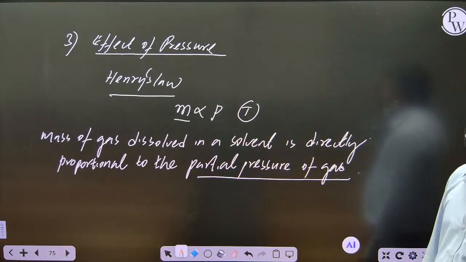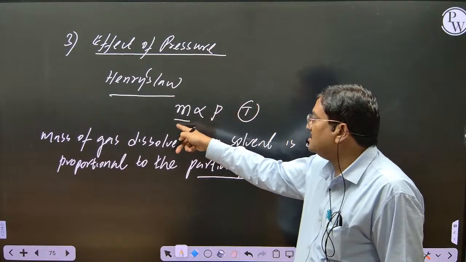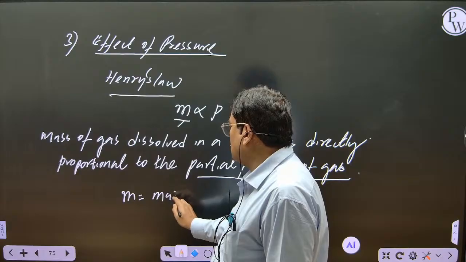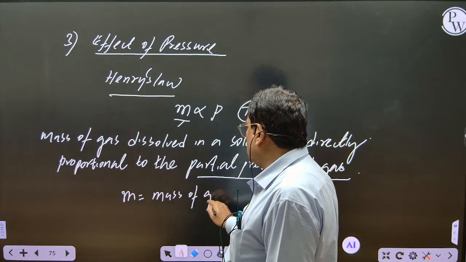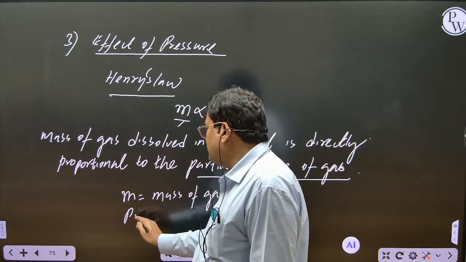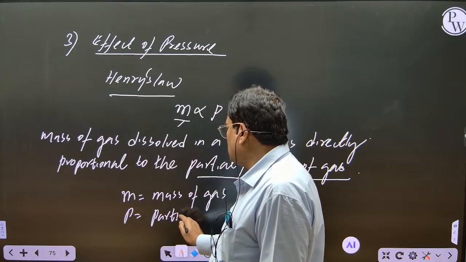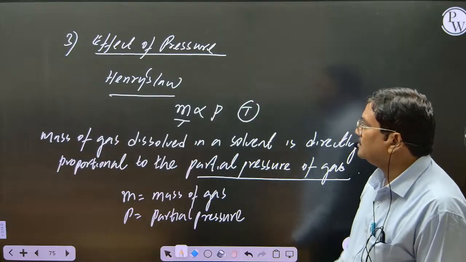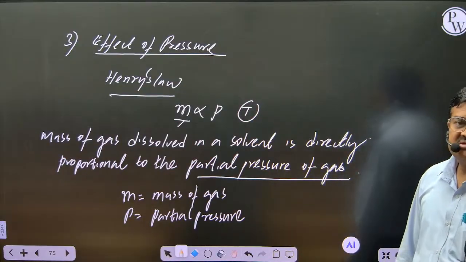So where M is mass, P is what? Partial pressure. M is mass of gas. What is P, students? P is partial pressure, keeping temperature constant. Understood?